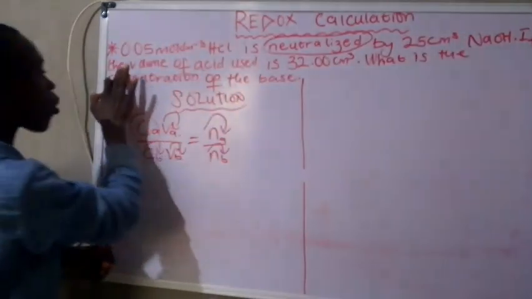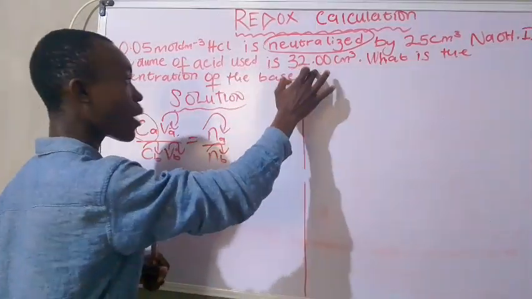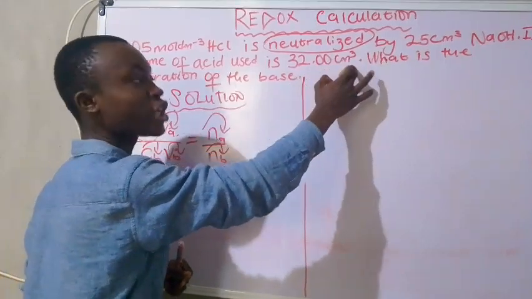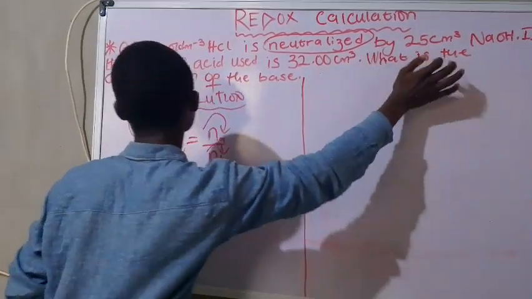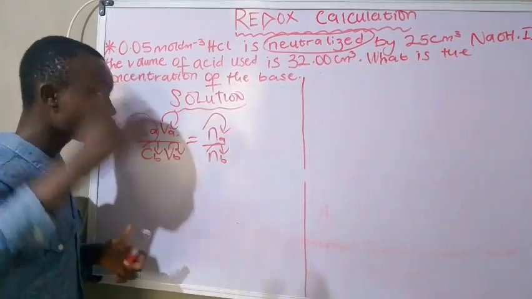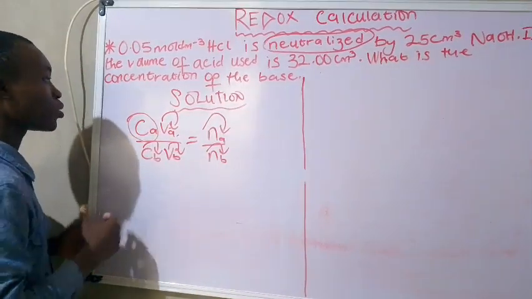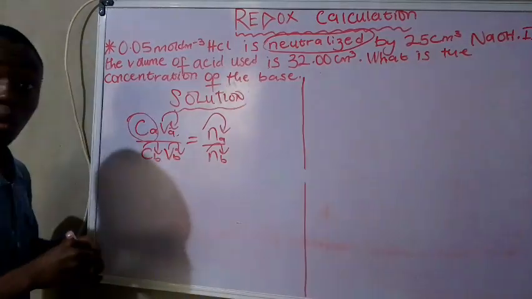If the volume of acid used is 32.00 cm³, what is the concentration of the base? We have to find the concentration of the base. That should be noted. Now let's derive our chemical equation.